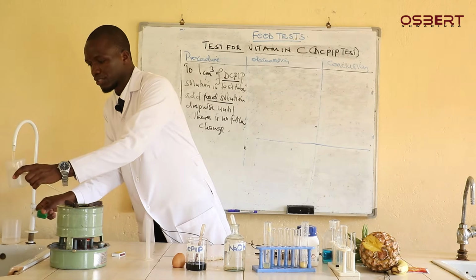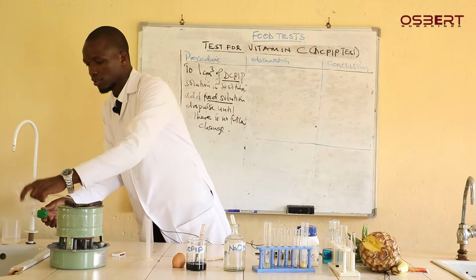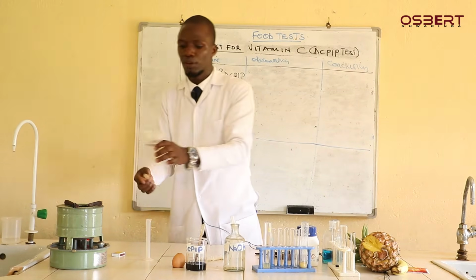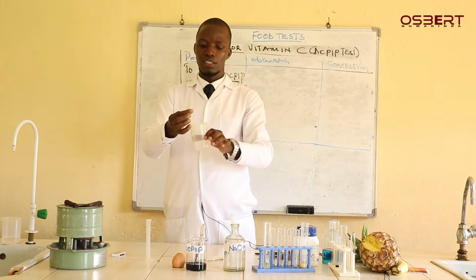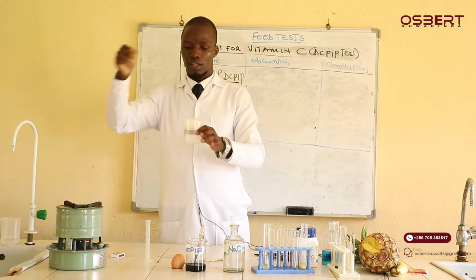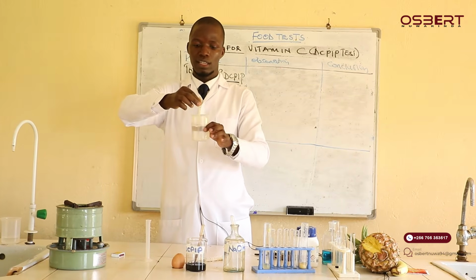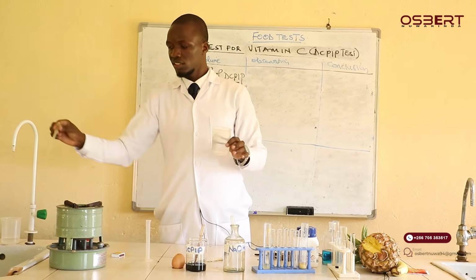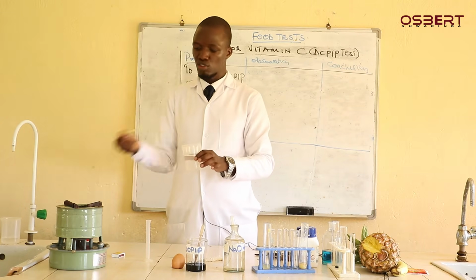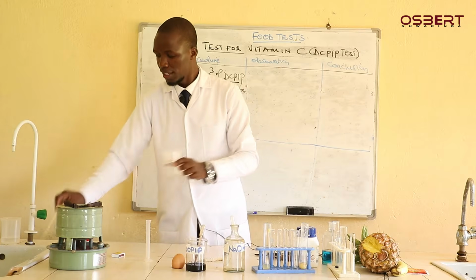Those who don't know how to clean a dropper, you come and press it here like this. Water goes there, then you press. Water enters there. Shake, then put it there like that. After I'm sure that this dropper is clean, I can start using it in different solutions.